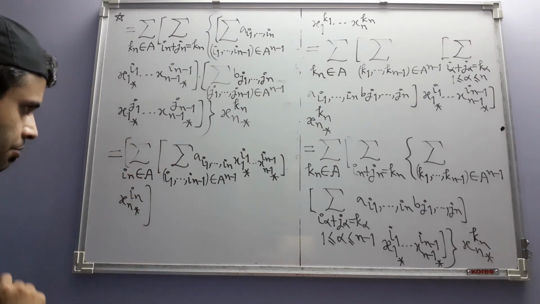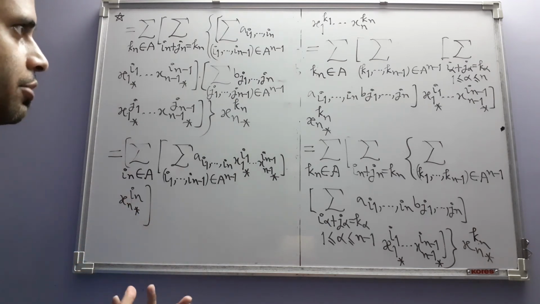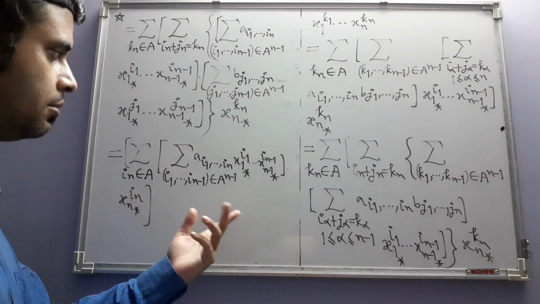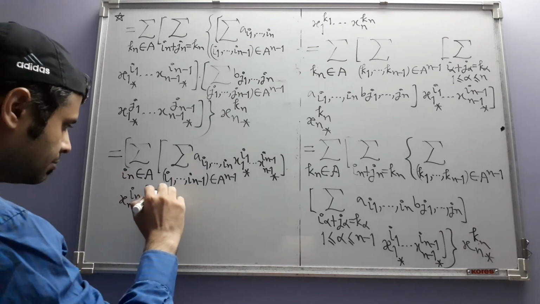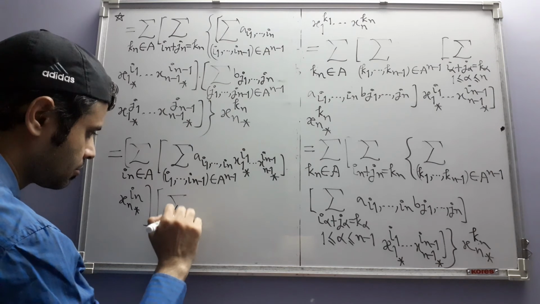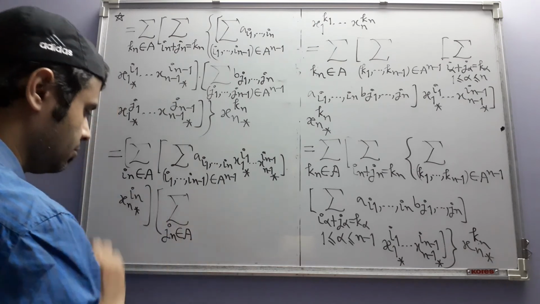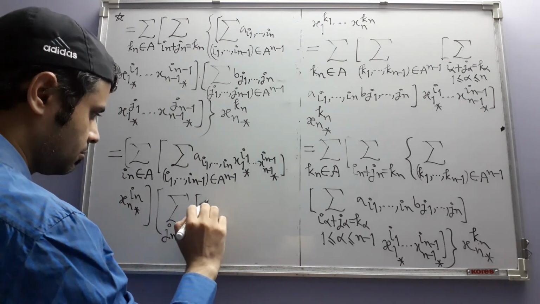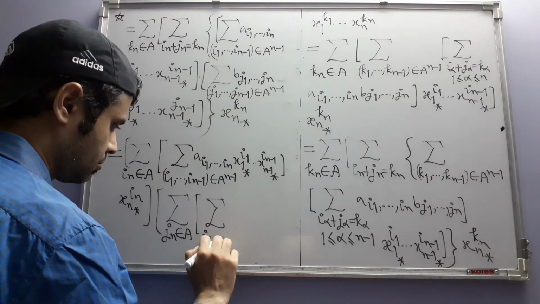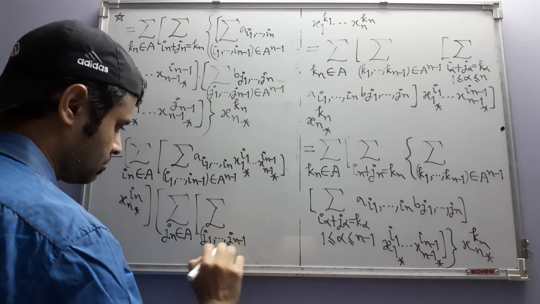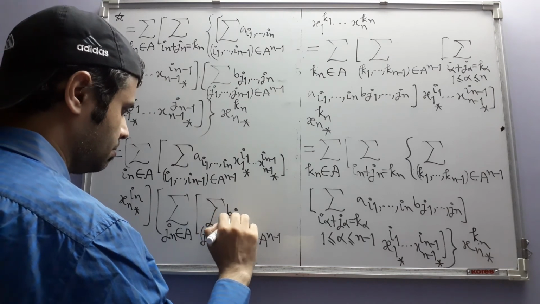This thing can be considered as a polynomial in x_n star with coefficients coming from that ring where we have n minus 1 variables, times this, summation j_n belonging to A, b_{j_1}.